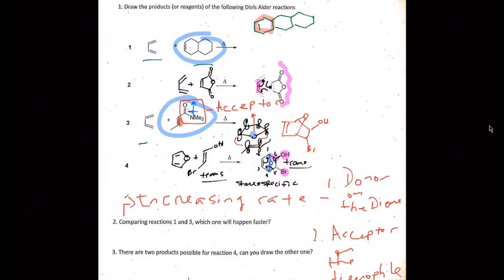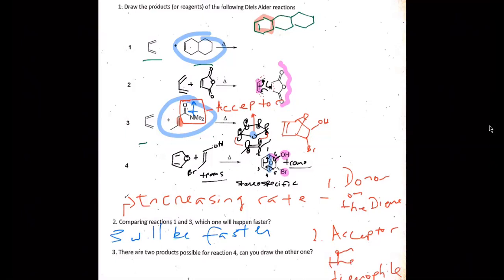If we activated the dienophile in 3, and 1 is not activated, it's actually slightly deactivated because you've got alkyl groups attached to it, so 3 is going to be faster. 3 will react faster because of that carbonyl group attached to your dienophile. All right. Questions?